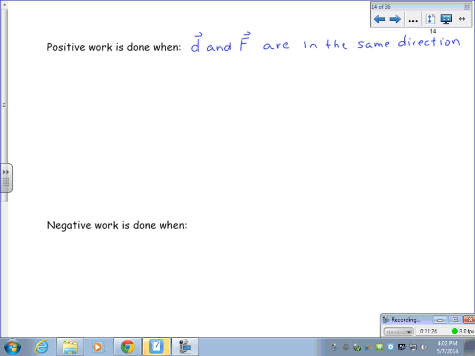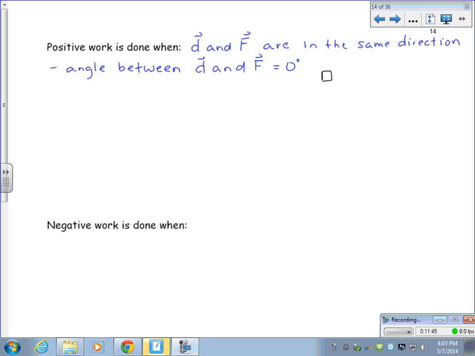So this would mean that the angle between force and displacement is equal to 0 degrees. Or you have a diagram that looks like this.